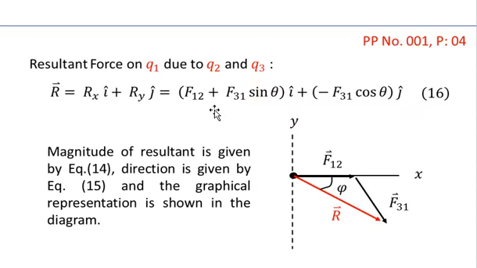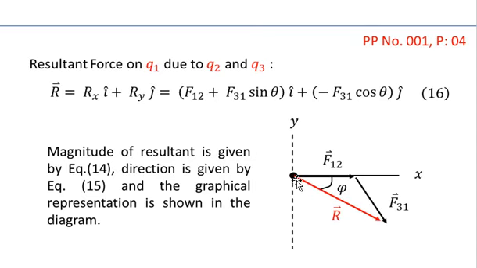Now you see that this method of adding the two components can also be explained through the diagram shown over here. F12 is the vector, and I have shifted the vector F13 in such a way that the direction and the magnitude of the vector are not changing, and displaced it so that its tail coincides with the head of the vector F12, which you can see over here.